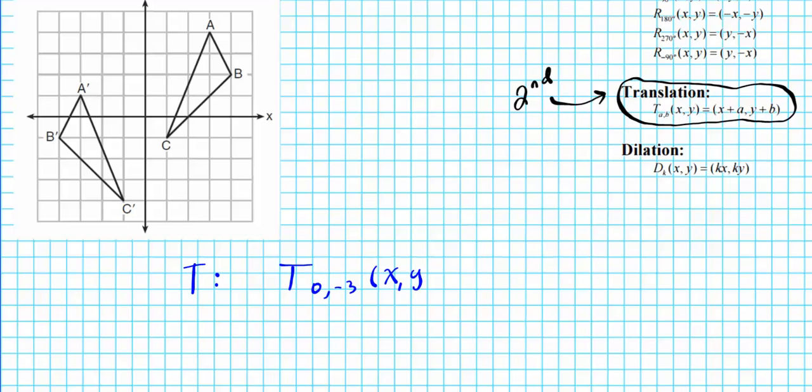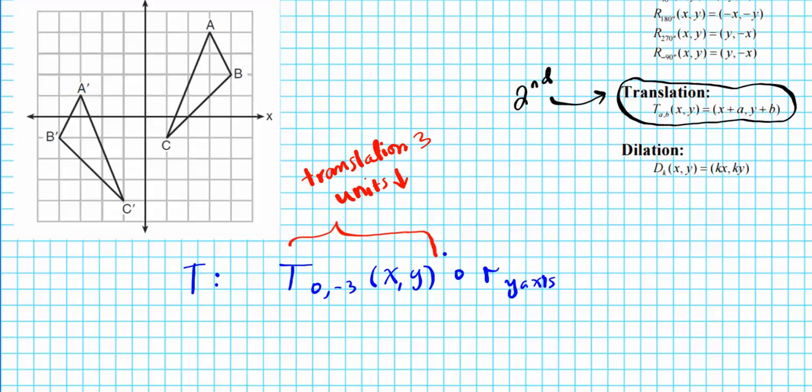This is a shift 3 units down. And then we're composing it with R of the y-axis, a reflection about the y-axis. So let's rewrite what I just talked about. This transformation right here, the first one, is a translation 3 units down.